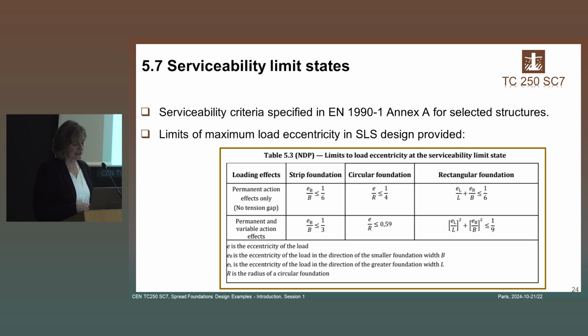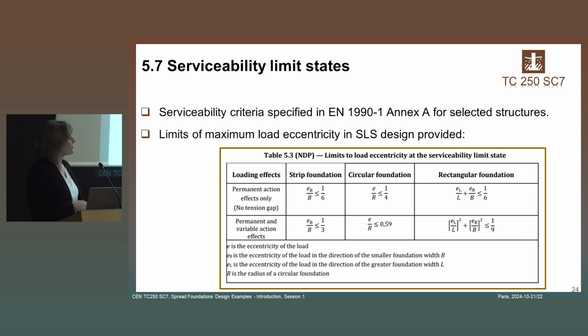In the serviceability limit states, the criteria for verifying this limit state, as we heard this morning, are very much a discussion or negotiation between the client, contractor and you as the designer, but there are some criteria for orientation provided in EN 1990 Part 1, Annex A for selected structures. Otherwise, subclause 5.7 deals with the way that you have, of course, to fulfill tolerable values of settlements, differential settlements, heave values, or something like that.